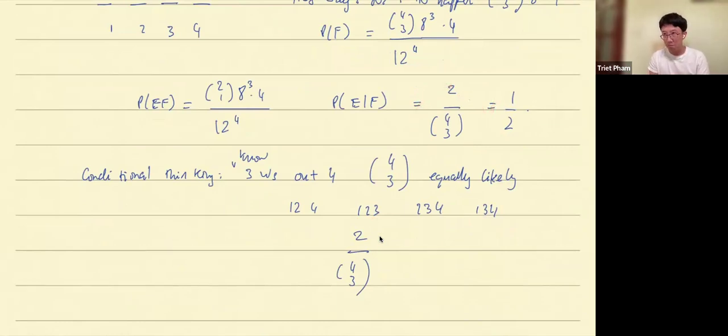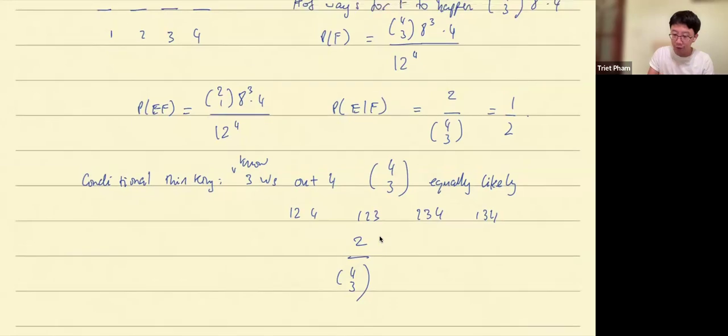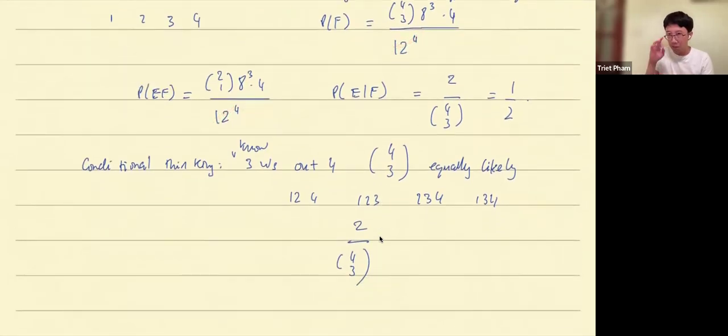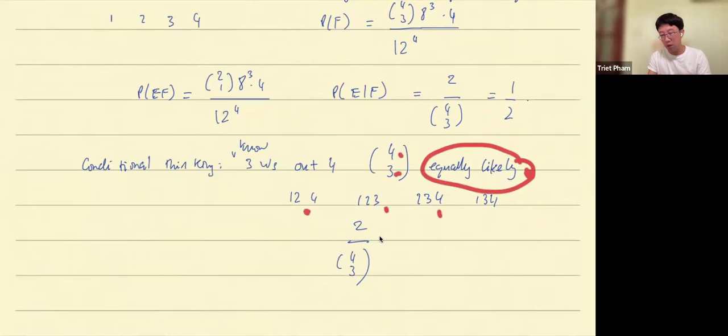Do we understand? So this kind of cut through the original sample space, and it strongly relies on you knowing that all these 4 choose 3 possibilities are equally likely.